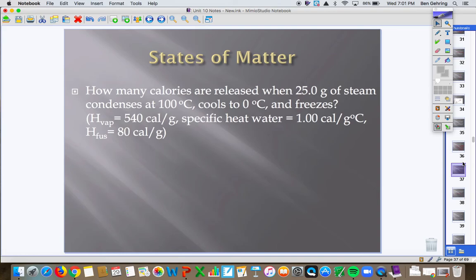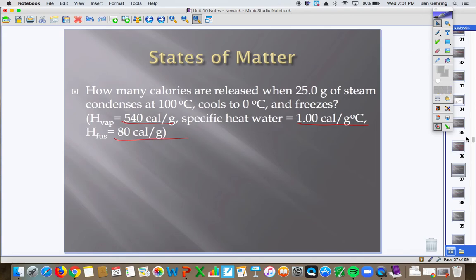Here's one for you to practice. So I want to know how many calories are released when 25 grams of steam condenses at 100 degrees Celsius, cools to 0 degrees Celsius, and then freezes. So to do this, you're going to need your heat of vaporization, which is 540 calories per gram. You're going to need your specific heat, which is 1 calorie per gram degrees Celsius, and your heat of fusion, which is 80 calories per gram.